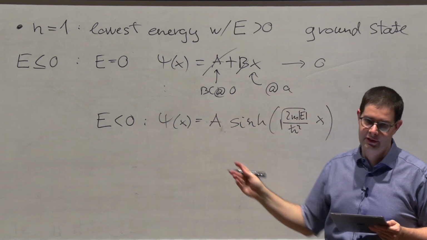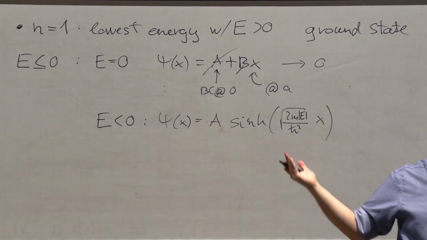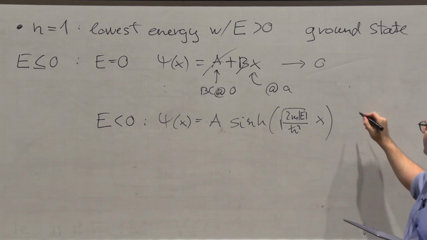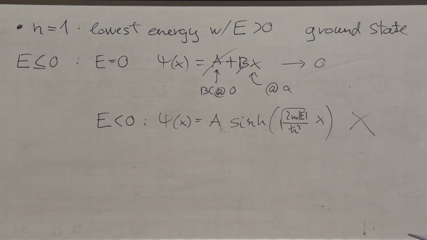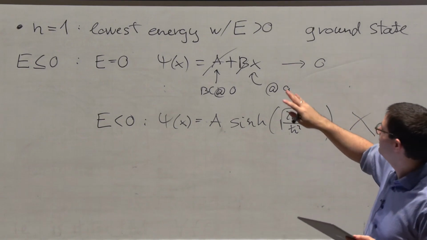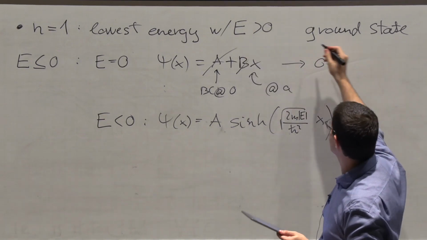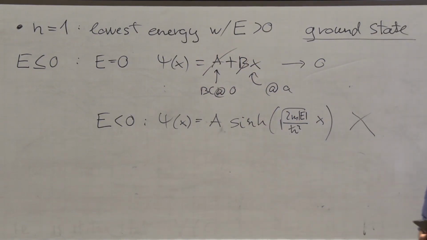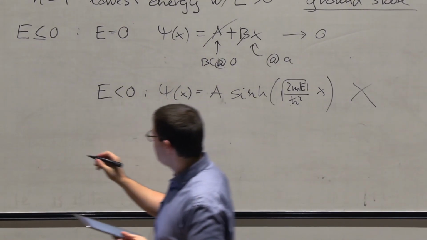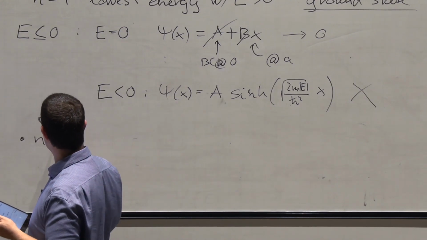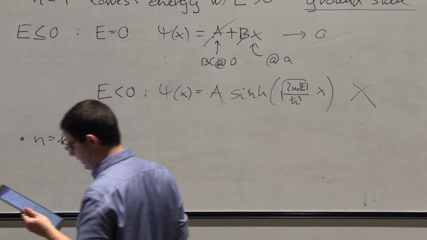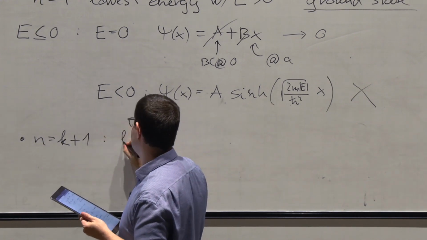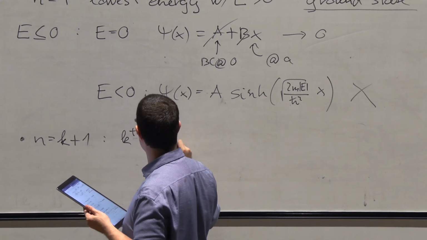So this satisfies the boundary condition at 0, but it doesn't satisfy it at a. So this again doesn't work. Okay, so now it makes more sense to say that the lowest positive energy solution is actually the lowest energy solution among all the ones that are actually solutions. Okay, and then for n equals k plus 1, we call those states the kth excited states.